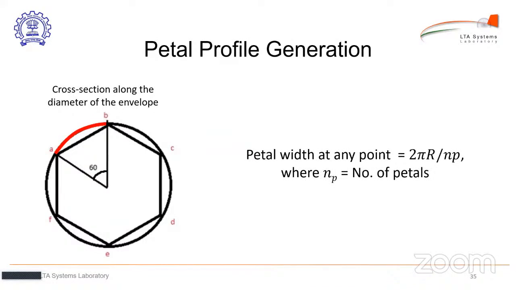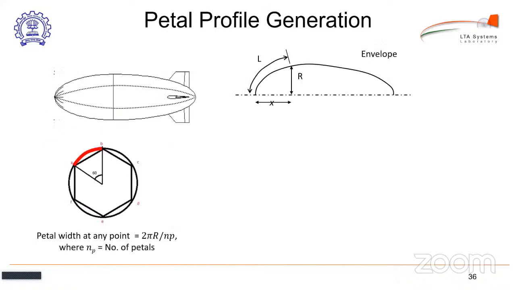This example shows an envelope with 6 petals. Therefore, each petal subtends an angle of 360 upon 6, that is 60 degrees. A to B is the curved part of the petal, which goes from the nose to the tail. And when you join 6 such petals, you will get the envelope.